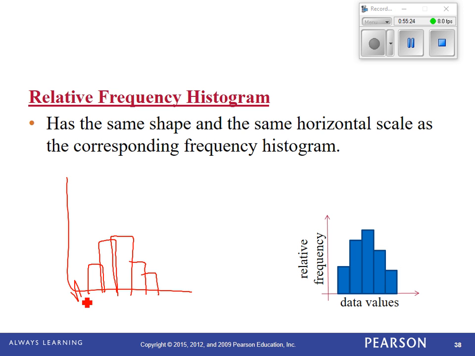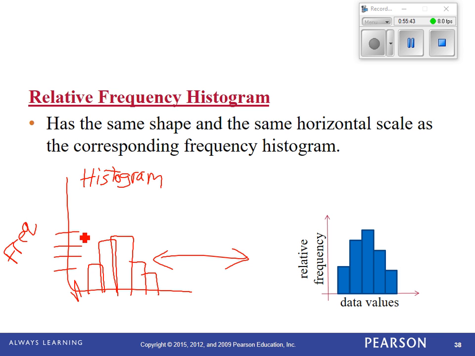We just talked about a histogram a few minutes ago. This histogram and this relative frequency histogram are going to look identical to each other, except the histogram has the frequency, so like 1, 2, 3, 4, 5, 6 along the side.